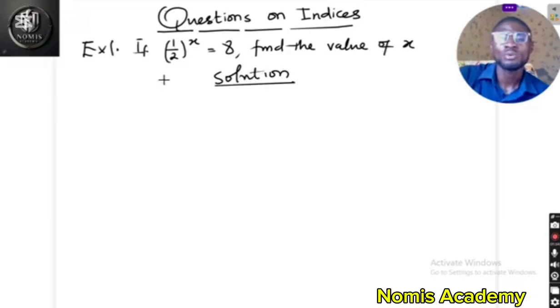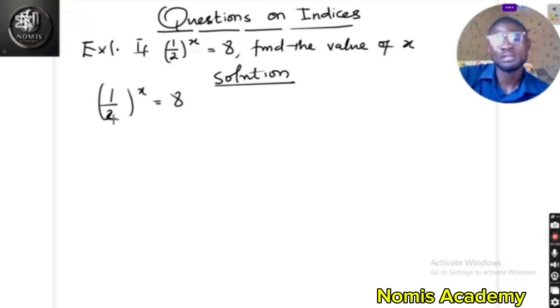So the question says 1 over 2 raised to the power of x is equal to 8, and we should find the value of x. So we can try to make both sides look alike so that we can find the value of x.